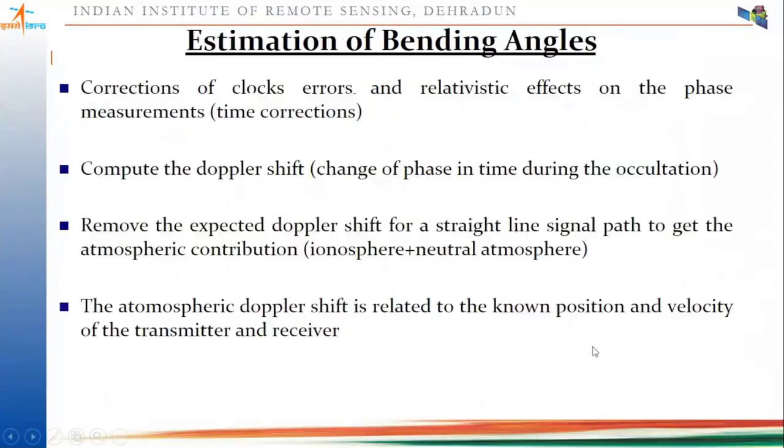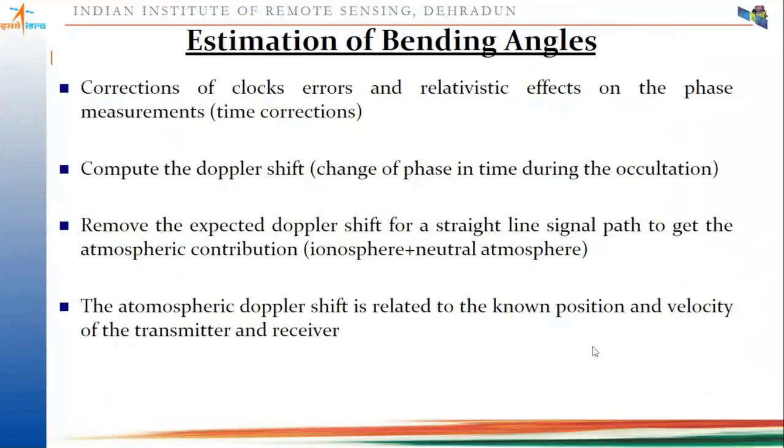First is the correction of clock errors and relativistic effects on the phase measurements. We compute the Doppler shift, then remove the expected Doppler shift from a straight line signal path to get the atmospheric contribution. The atmospheric Doppler shift is related to the known position and velocity of the transmitter and the receiver.